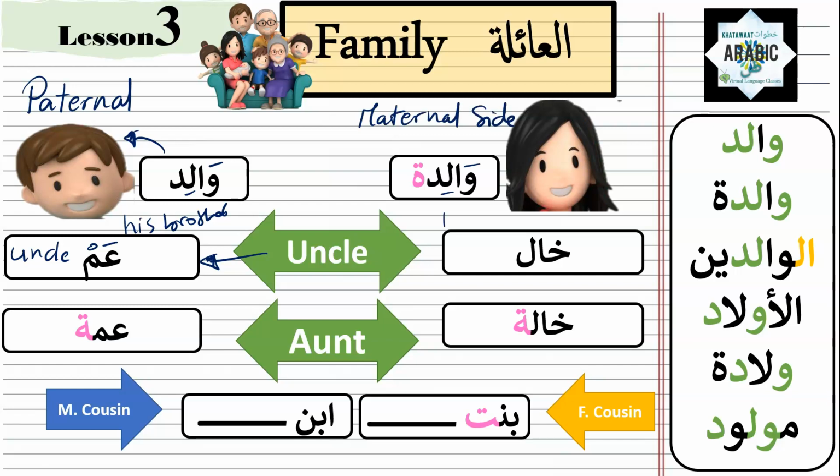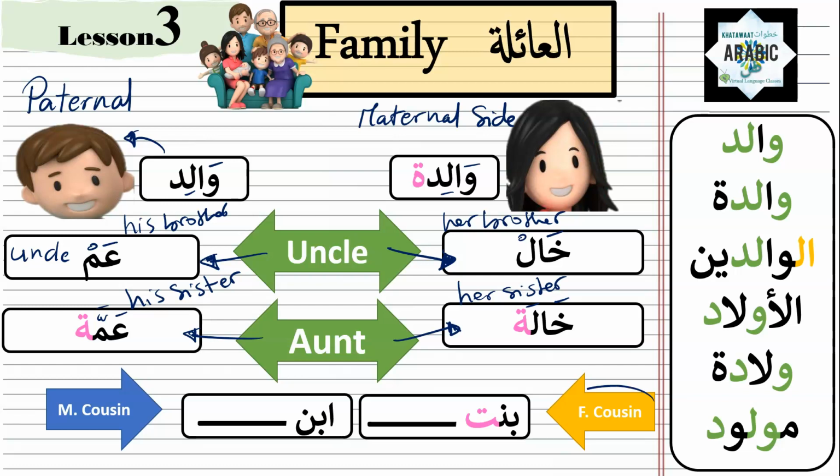And if I'm referring to her brother, I would be using the word khal, uncle. Same thing with females. If I'm referring to my aunt being my father's sister, I would say amma, which is aunt. Then if I'm referring to my mother's sister, I would say her sister, which means khala, she's my aunt.